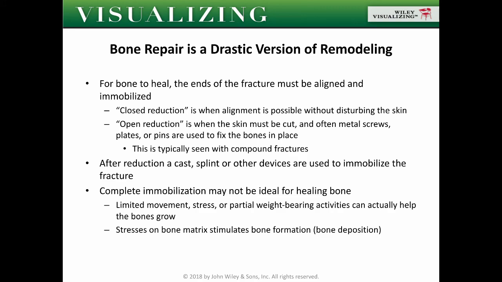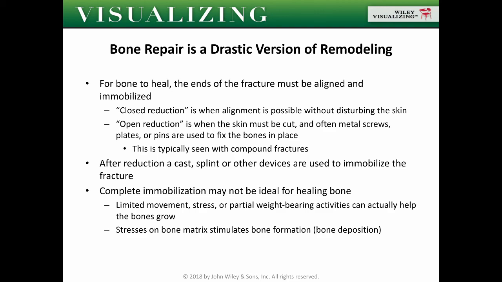So bone repair is a drastic version of remodeling. So if you experience fractures, of course, you have bone healing. For the bones to heal, that's why you need a cast, because you want your bone to align properly, and then allow the osteoblast to build up, or to heal the break or the fracture in that bone.